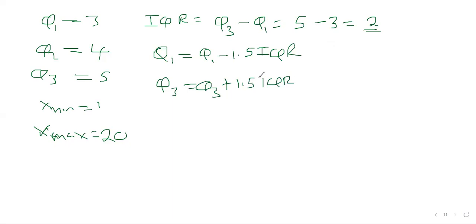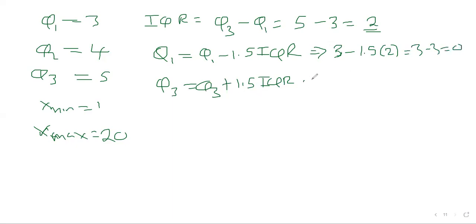The 1.5 is standard. So in short, for the lower value, firstly, multiply 1.5 times the interquartile range. Here our lower quartile was 3. Then the interquartile range was what? 2. So we multiply 2 times 1.5, which is 3. So here it will be 3 minus 3, which is equal to 0.